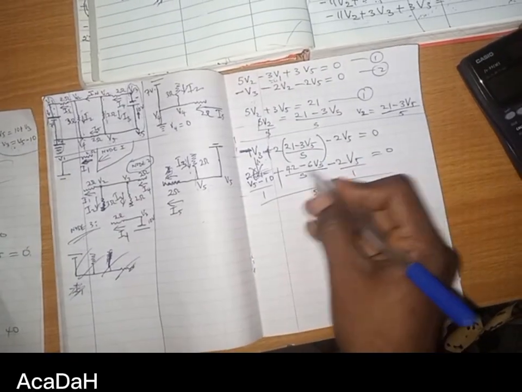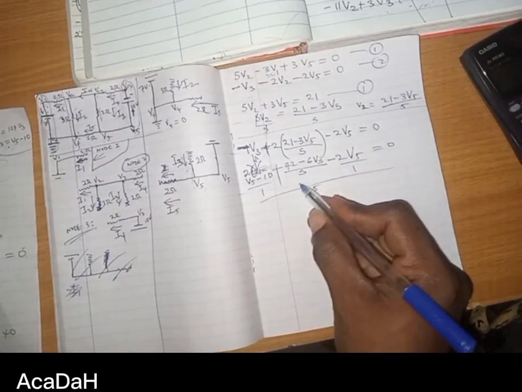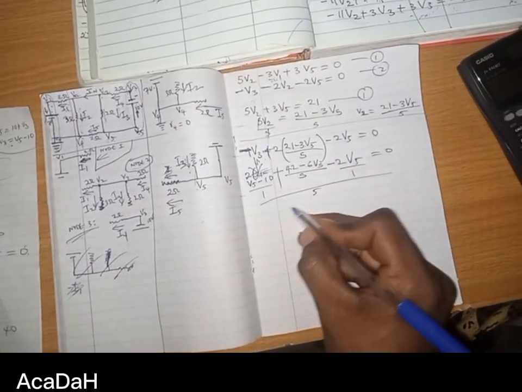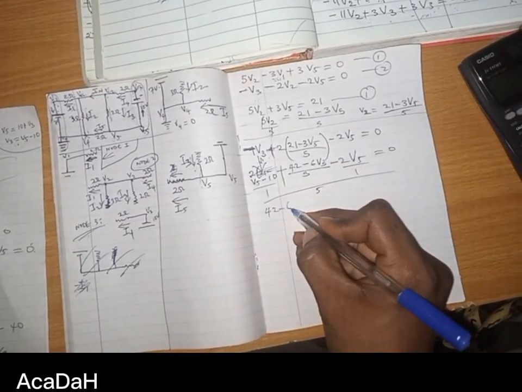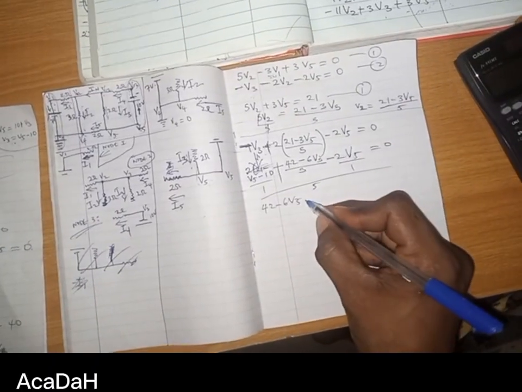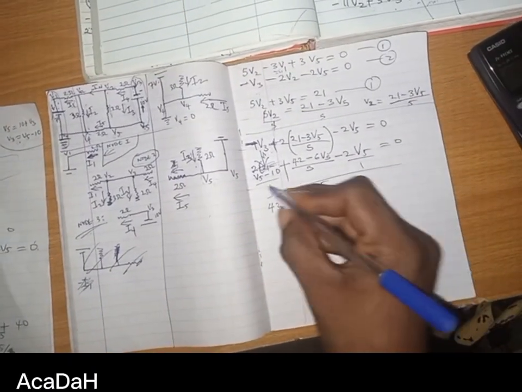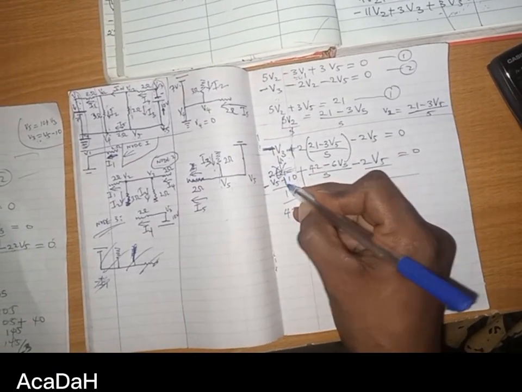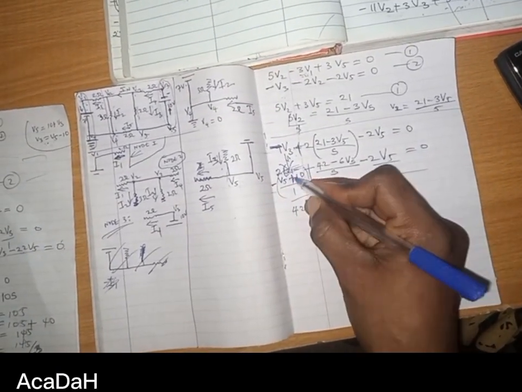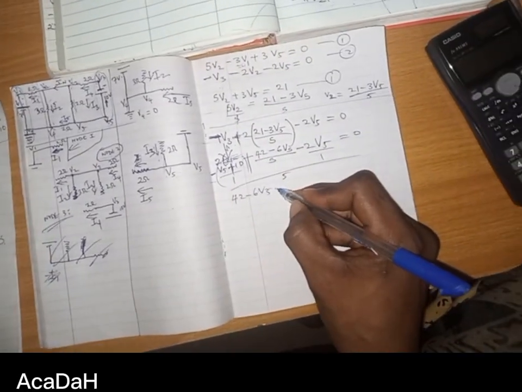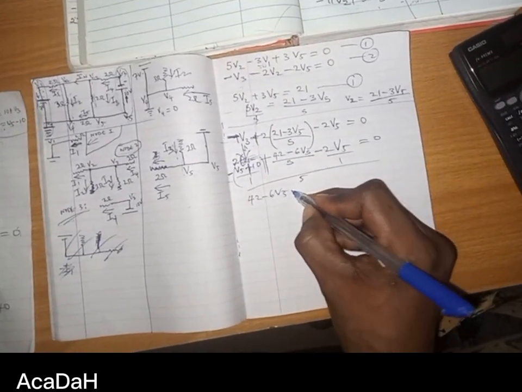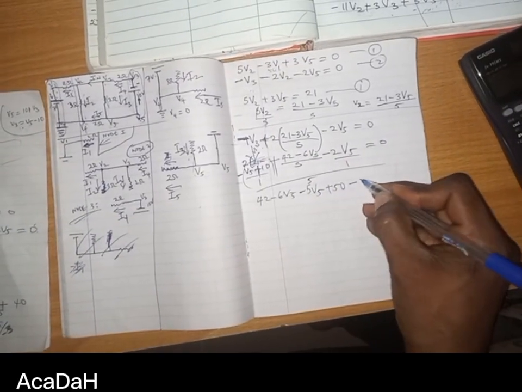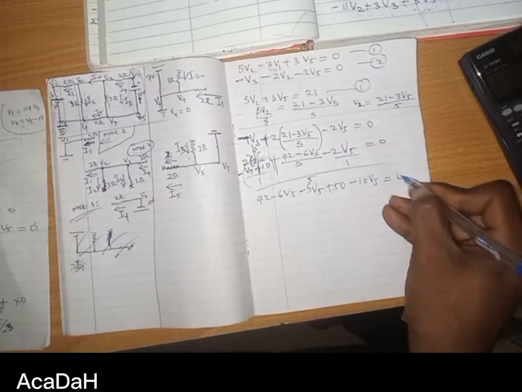Pulling everything together, this is going to be 42 minus 6v5, then this minus will make this change to plus, so this is minus 5v5 plus 50 minus 10v5 equals 0.